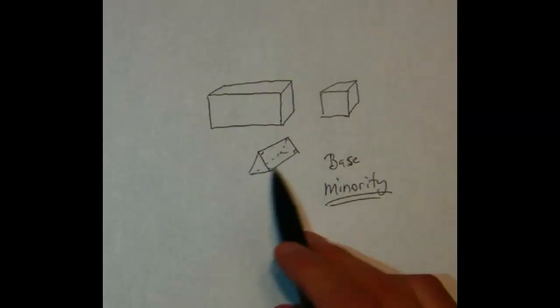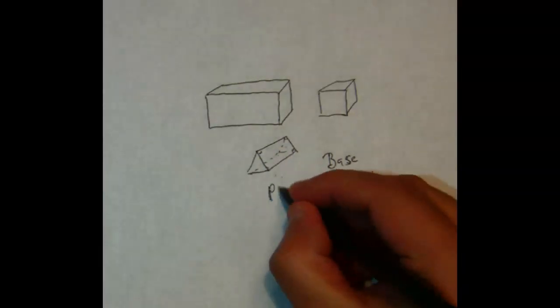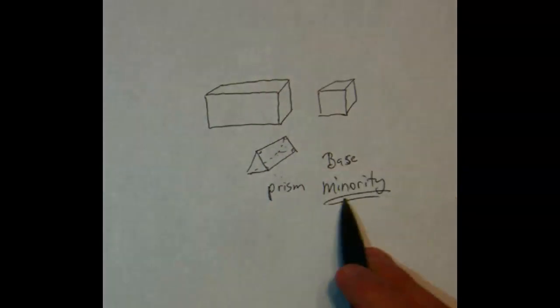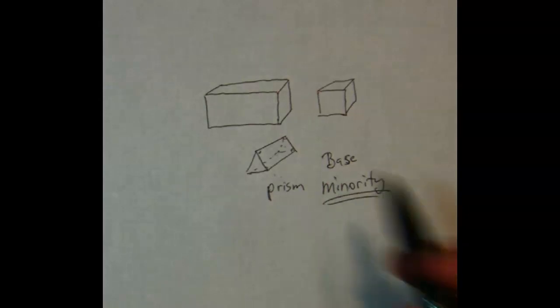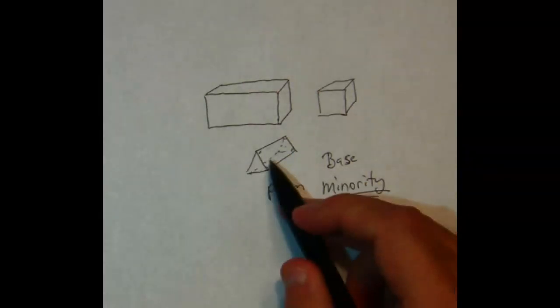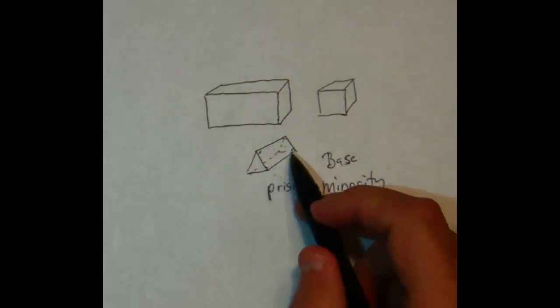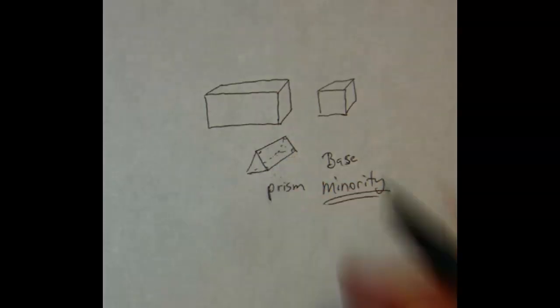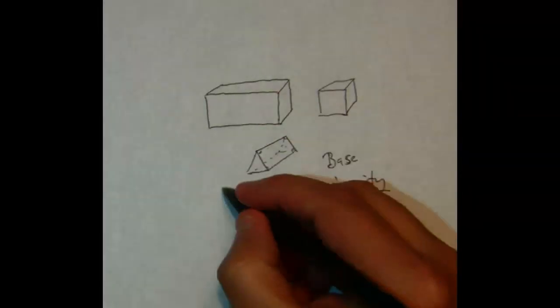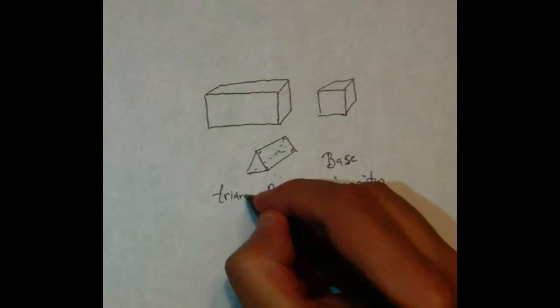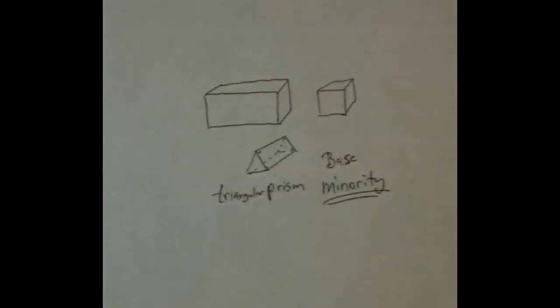Because we have a majority of rectangles, that's what makes it a prism. And then you look at the minority sides, we have two triangles. So we have fewer triangles than we do rectangles. That would be kind of like its first name. So this would be a triangular prism.